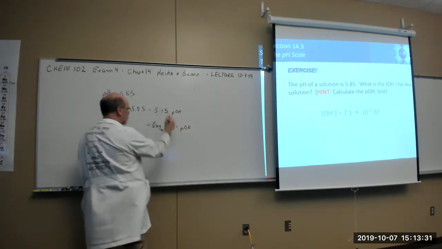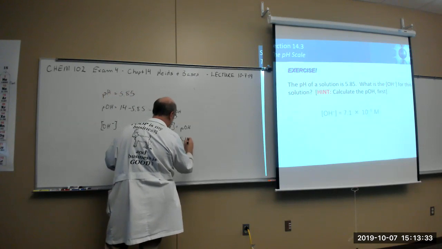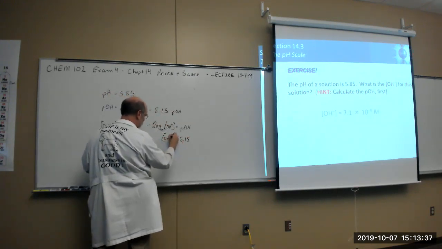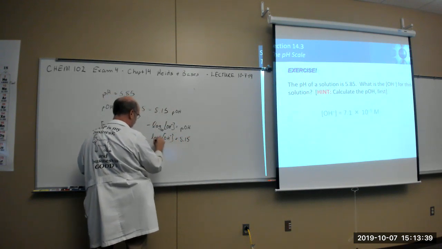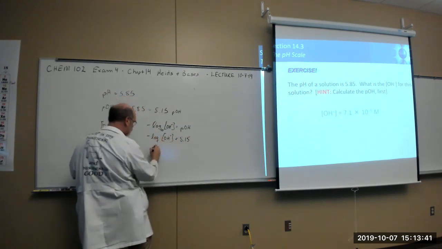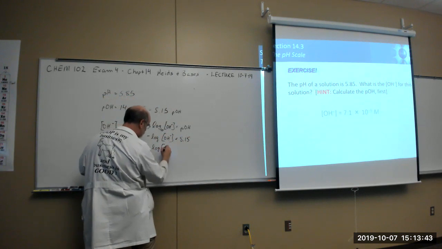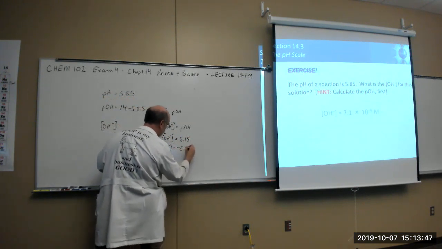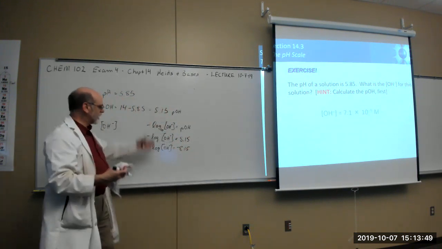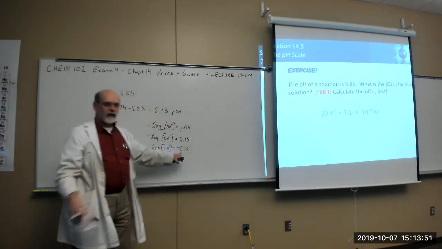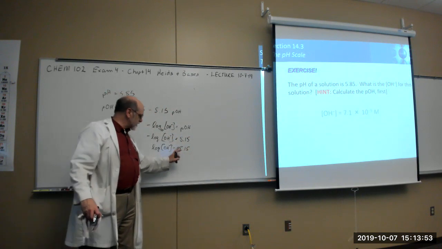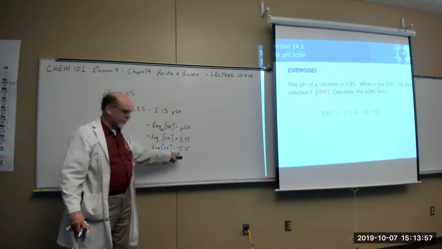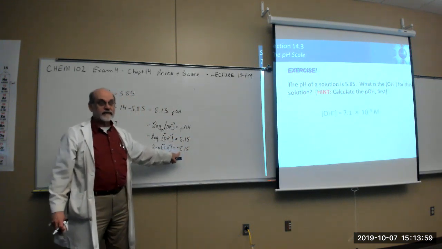So if we substitute in here, this is 8.15, and we would say the log of this one is equal to negative 8.15. So then you take 10 to that power. That's the step that you don't want to mess up. That negative needs to go over here before you do the anti-log.